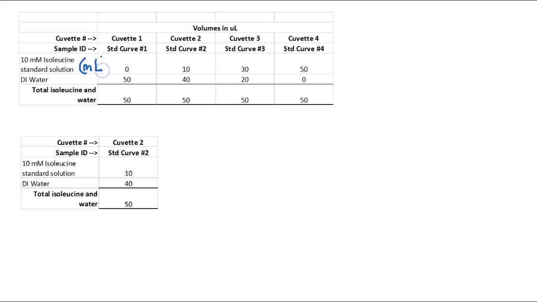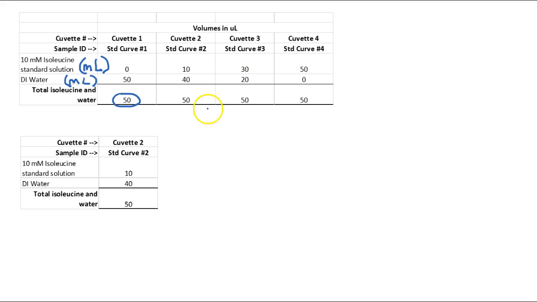Should always put in the units. Those are milliliters, right? And that second row is also milliliters. So we had either 0, 10, 30, or 50 milliliters of the isoleucine solution. And then we made up the difference between that amount and 50 with water, right? So we always had 50 in our total in all 4 solutions.